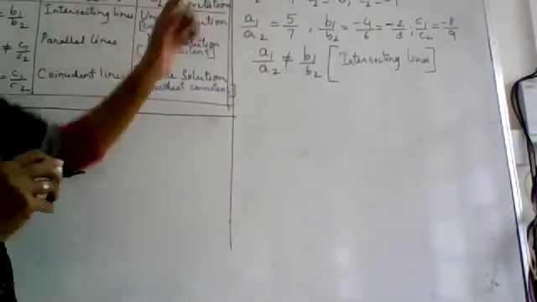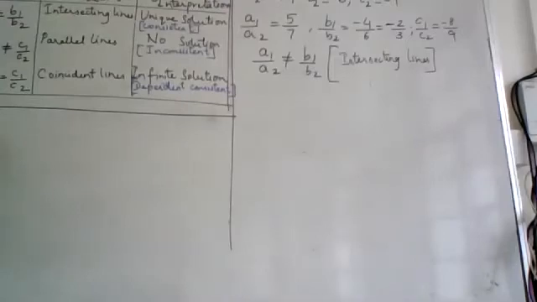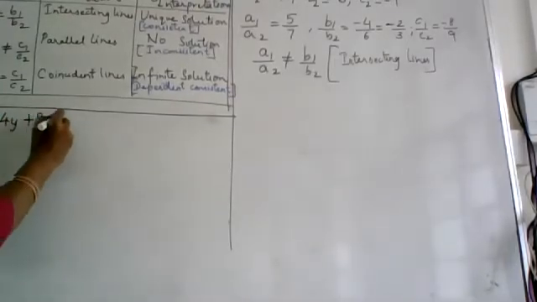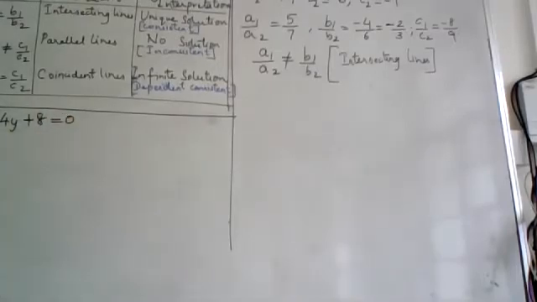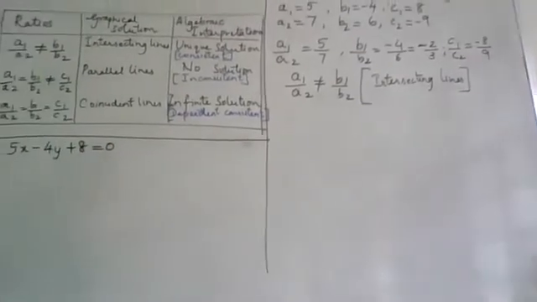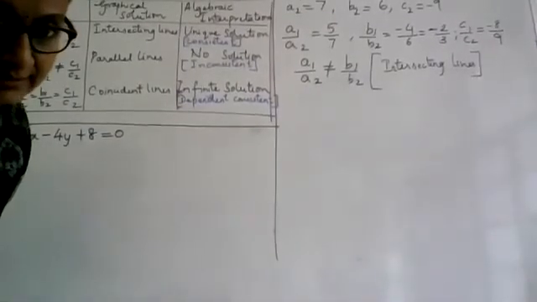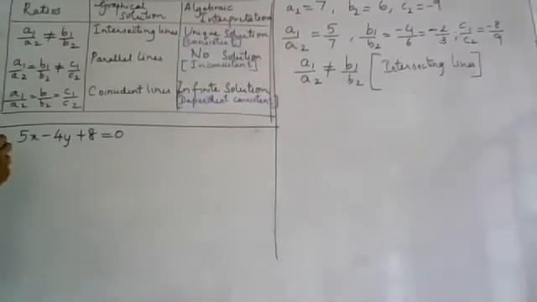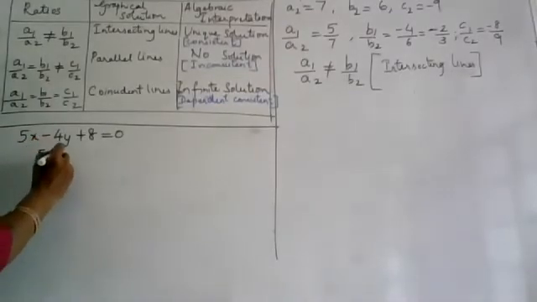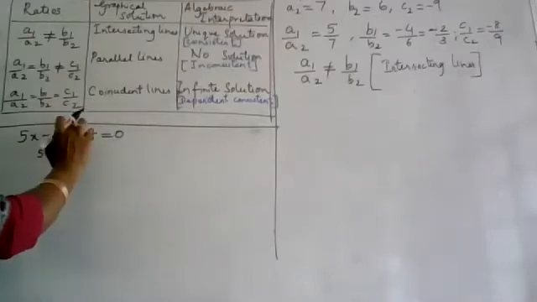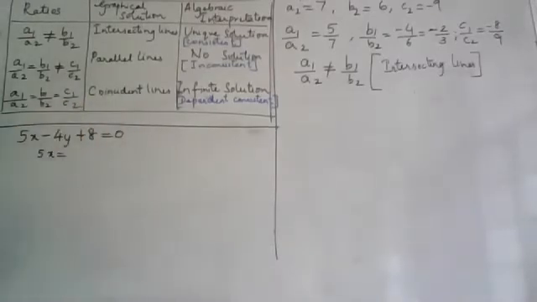Now the first equation, I'm writing it down here, is 5x minus 4y plus 8 equal to 0. Like I have told you, you have to transpose and get x in terms of y or y in terms of x. So now I think division by 5 will be easy. So I will write it like this. 5x equals, I transpose both the negative 4y and the positive 8 to the other side.